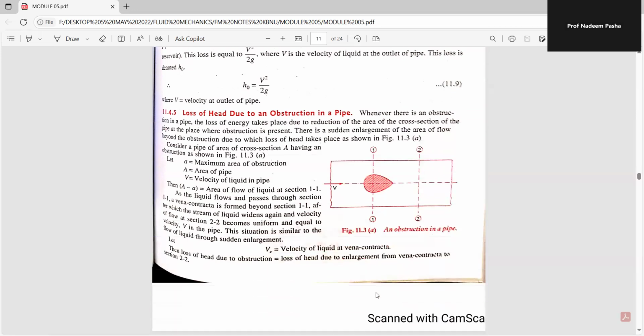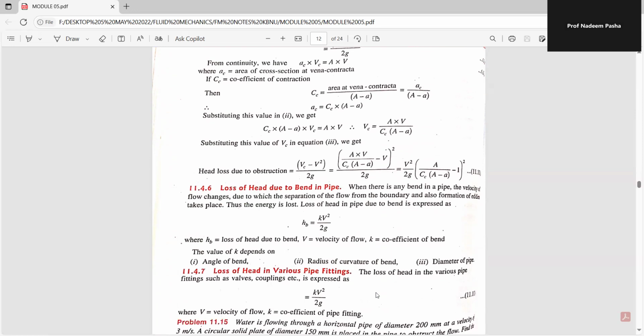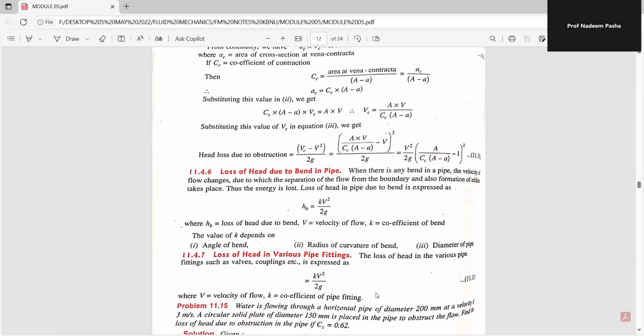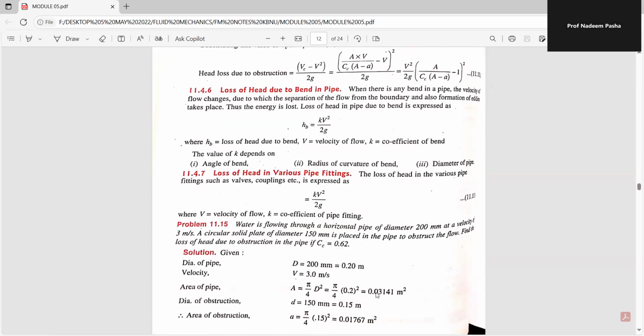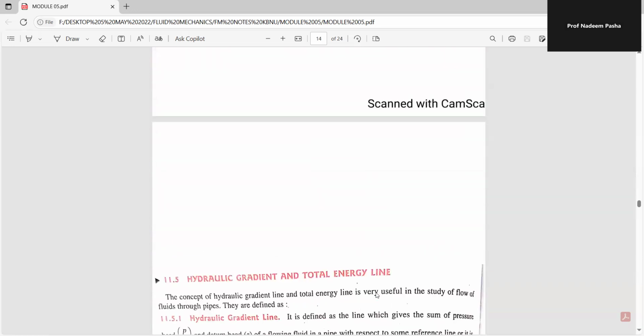Then loss of head due to obstruction in a pipe is calculated using the formula V square by 2g into (A divided by (Cc minus A) minus 1) whole square. Loss of head due to bends in a pipe hb is equal to kV square by 2g. Loss of head in various pipe fittings is given by kV square by 2g. After that, we solved some numerical problems on that.